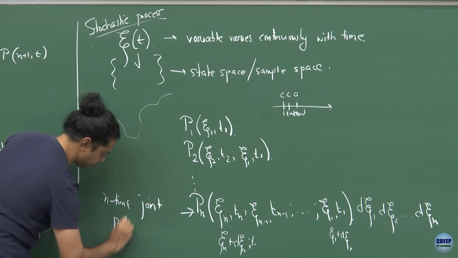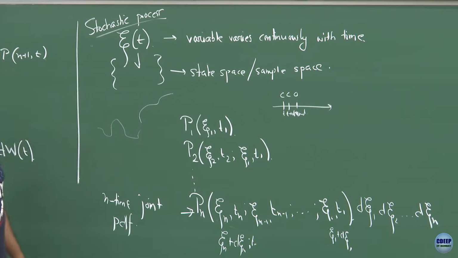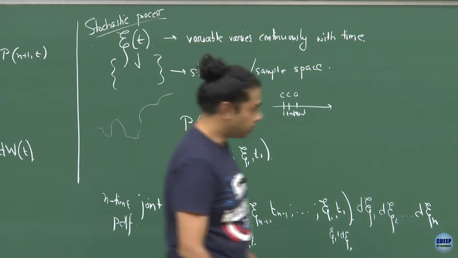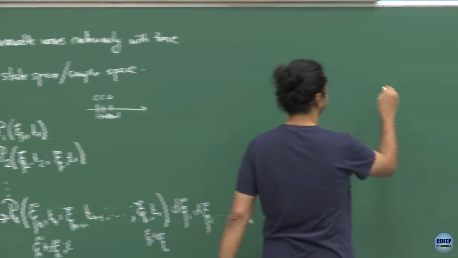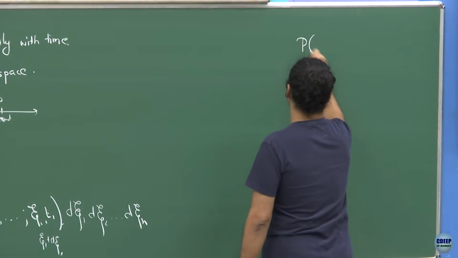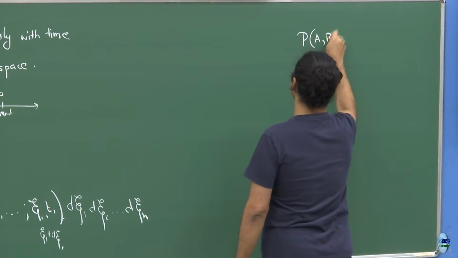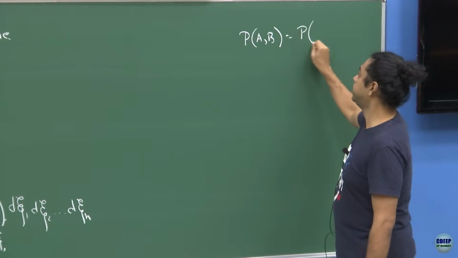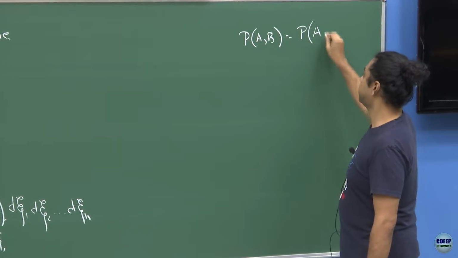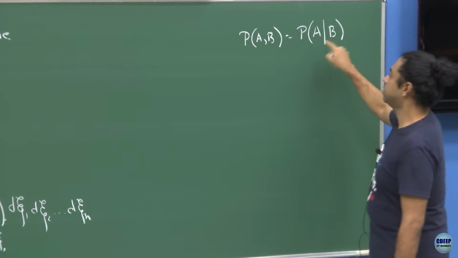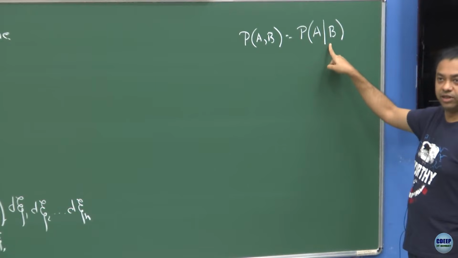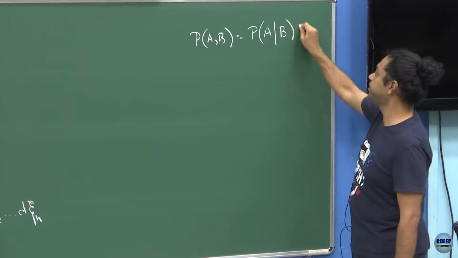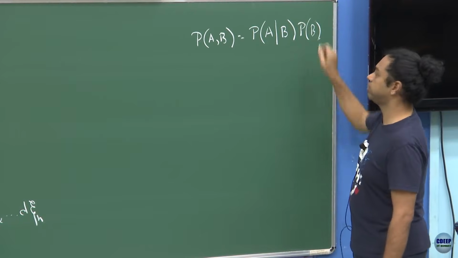probability density, and I know that if I have a joint probability density, recall when I had P of A comma B, a joint probability, I could write it as the product of a conditional probability of A given that I know that B has happened times the probability of B itself, right.